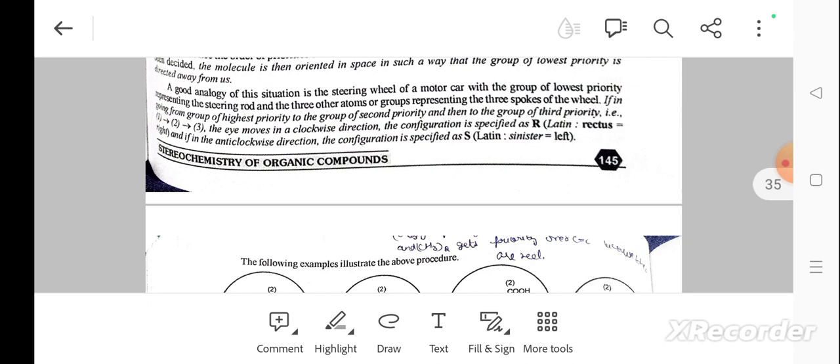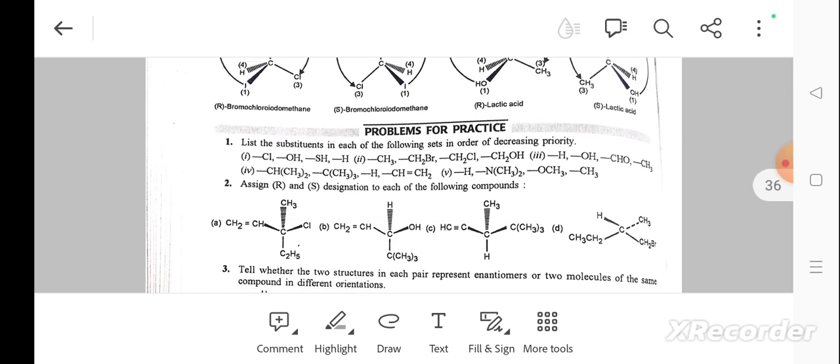If going from the group of highest priority to the second and then to the third priority is a clockwise direction, the configuration is specified as R, and if anticlockwise, the configuration is specified as S.